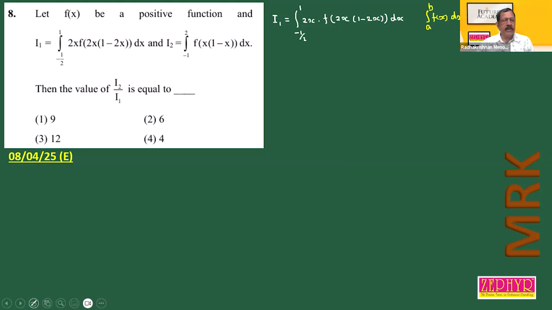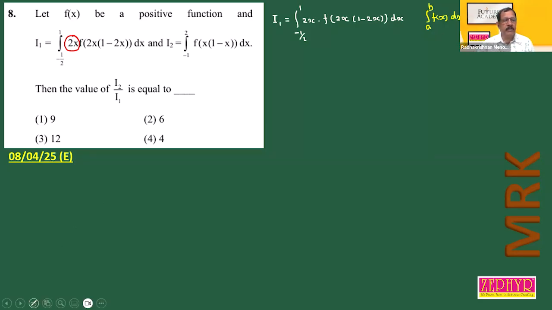When you observe the first I1 and I2, this 2x is absent, is it not? 2x is not there in I2. To remove the 2x, generally we have to use such properties.